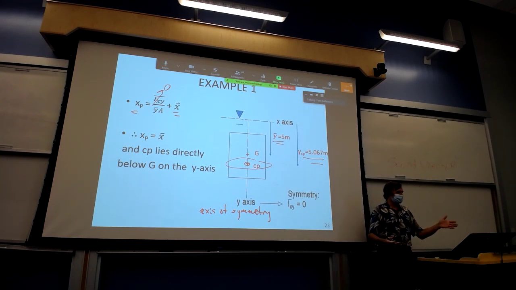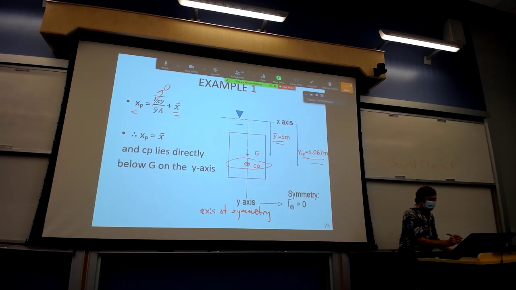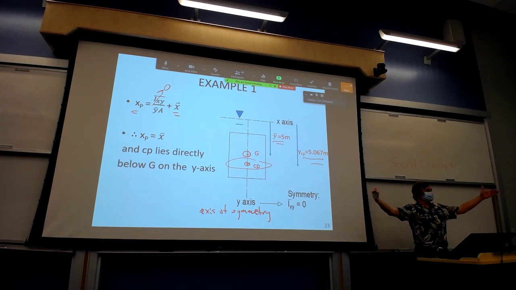So x bar, y bar is the location of the center of area. So x bar would be half a meter across from either side, since it's 1 meter width. Y bar, or the location of the center of area G, is 1 meter down from the top and 1 meter up from the bottom.